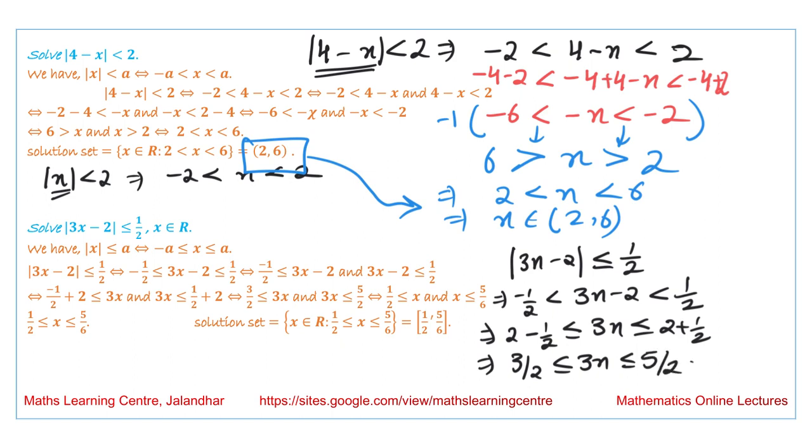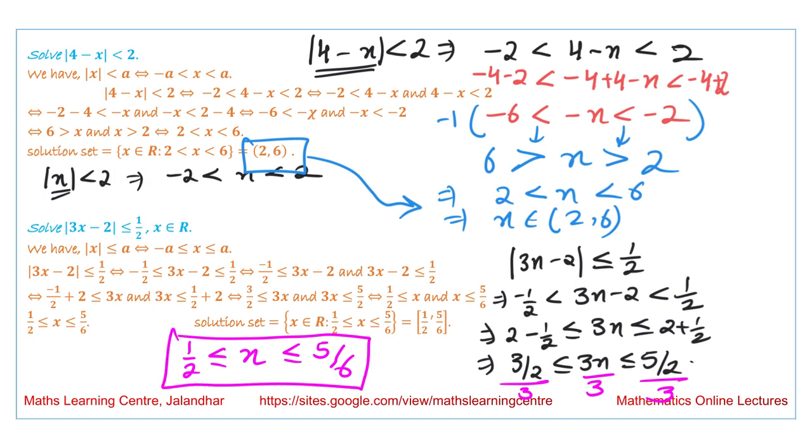So the answer we obtain is that, if we divide this whole equation by 3, it is a positive number, the signs will not be changed, 1 by 2 is less than equal to x is less than equal to 5 by 6. So we are saying x belongs to R such that this, so this represents an interval 1 by 2 to 5 by 6 and it is a closed interval.